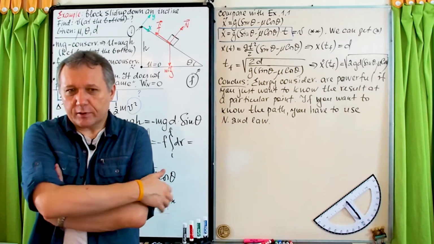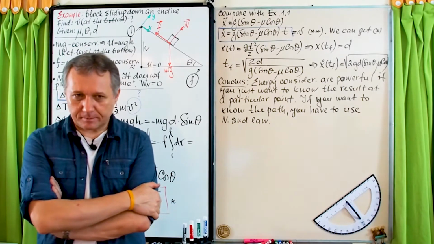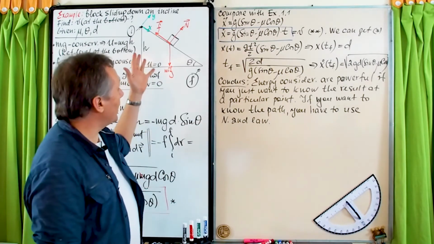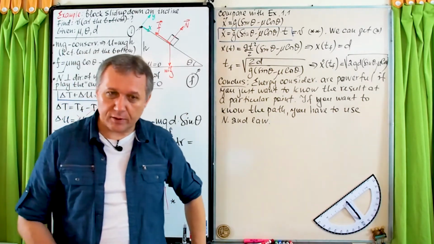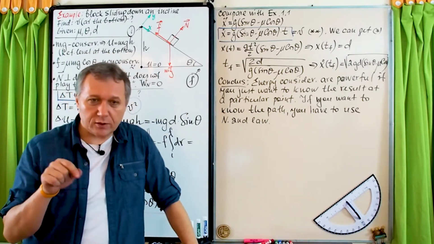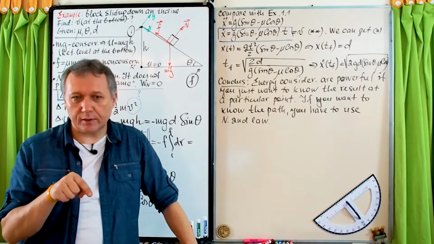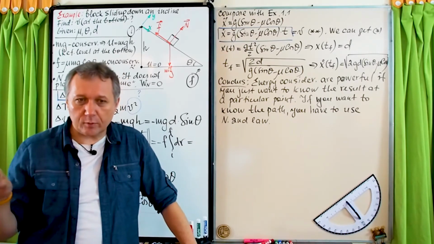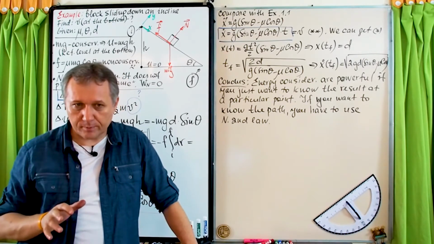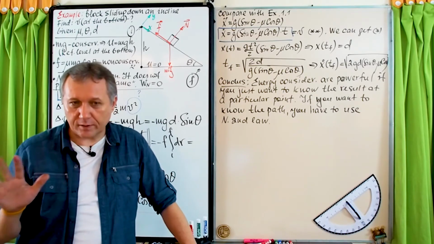Probably next class, we will start discussing one-dimensional systems, and we're going to start applying all these energy tools to one-dimensional systems. For a one-dimensional system, in Newtonian formalism, you can still get the equation of motion using the energy approach, but only for one-dimensional systems.